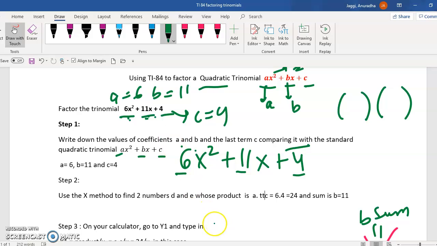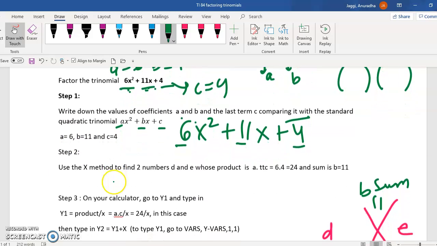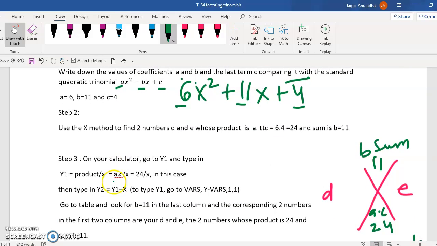Once we have our a, b, and c, step two is we use something called the X method to find two numbers, say d and e, whose product is a times c. What is our a?